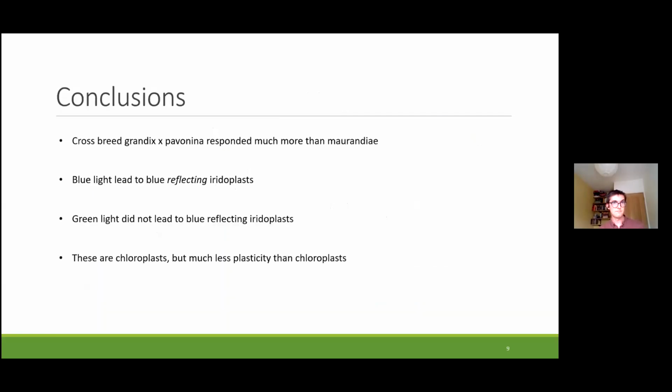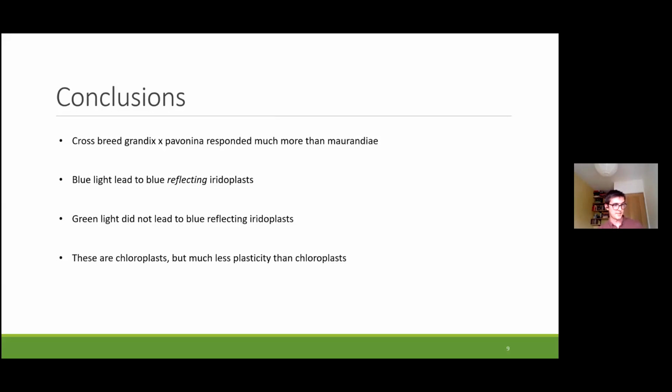So the conclusions so far are that the crossbreed GXP responded much more strongly than Morandiae to begin with, because it appeared to alter its amount of resources put into the iridoplasts, and Morandiae didn't really seem to do this, apart from reducing the size of its iridoplasts, which could also have been a plant stress response.